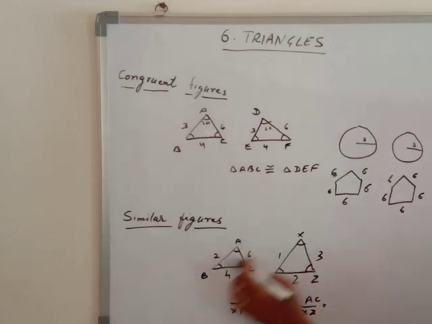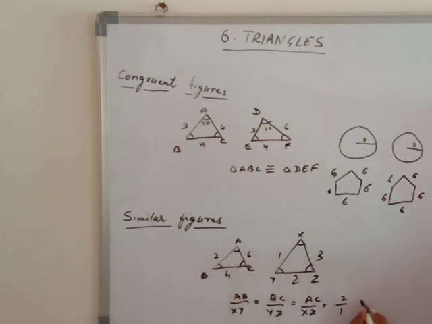Because see, here AB upon XY is 2 by 1. BC upon YZ is also 4 by 2. 4 by 2 means again 2 by 1. And what is AC upon XZ? That is 6 by 3. That is also 2 by 1. So all is equal to 2 by 1.